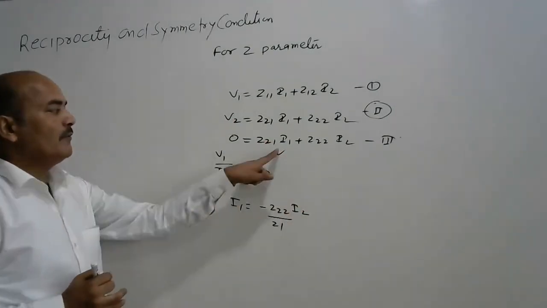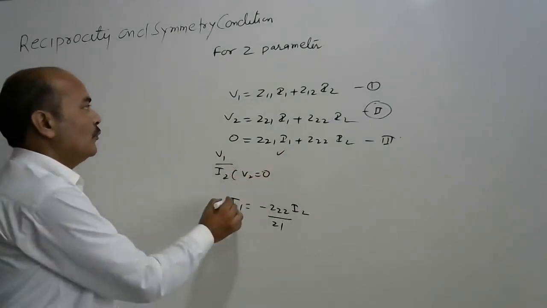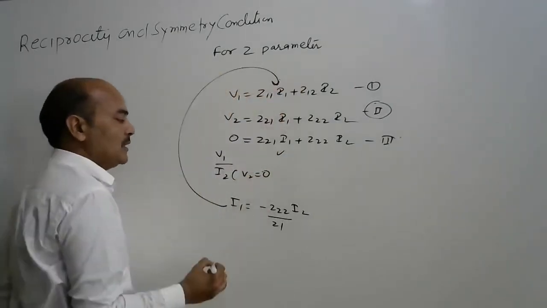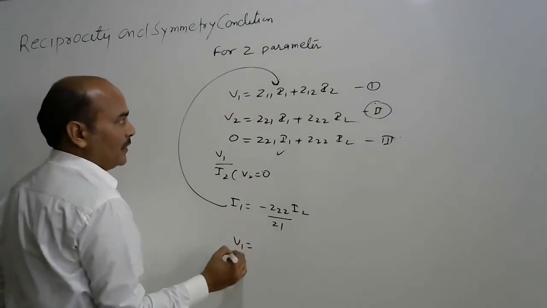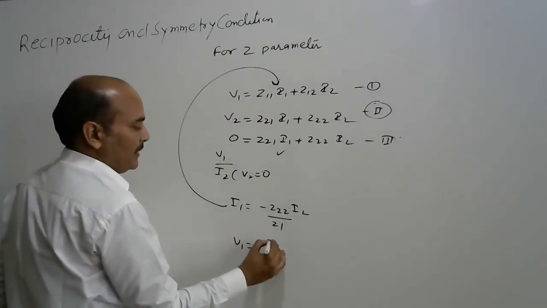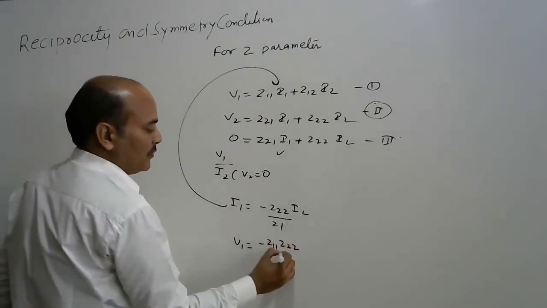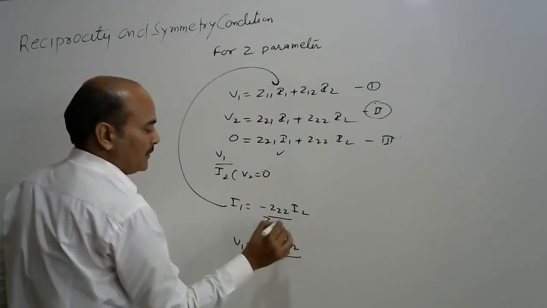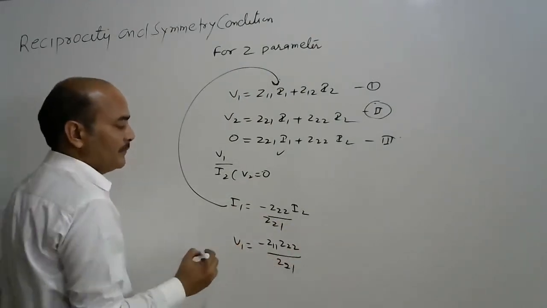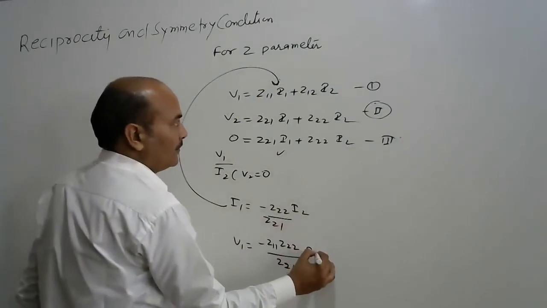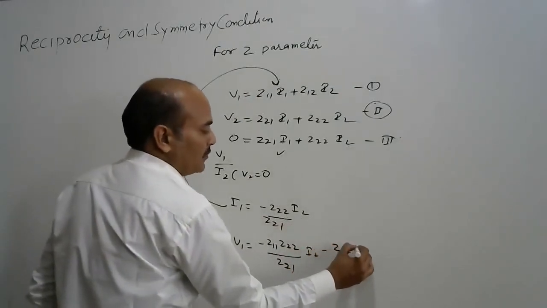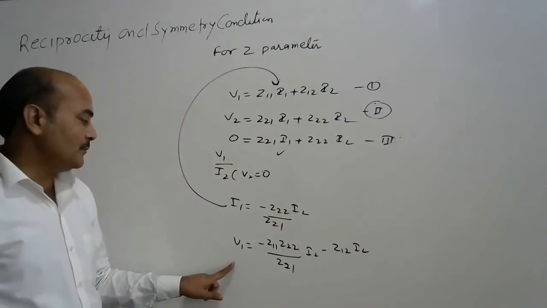That is the value of I1 from here. Now put this I1 value in the first equation. So V1 becomes equal to minus Z11 Z22 upon Z21 times I2, minus Z12 I2. This is my final equation.